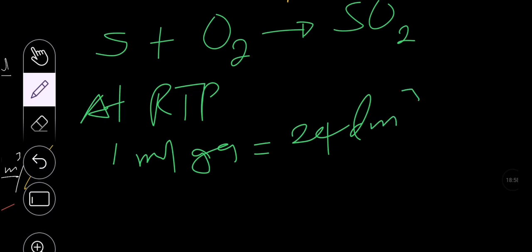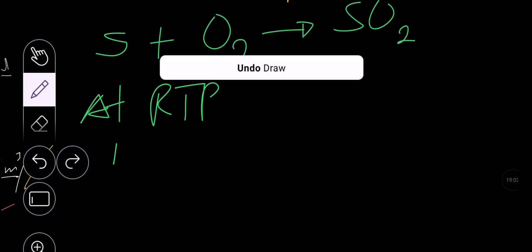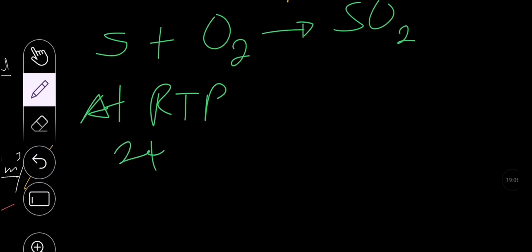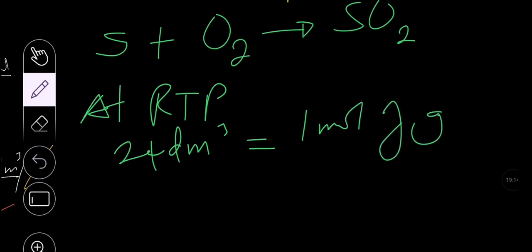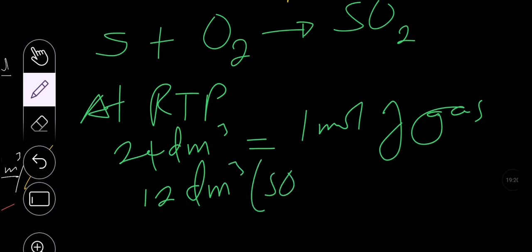Or put it this way: at room temperature and pressure, 24 cubic decimeter is occupied by 1 mole of any gas. How about 12 cubic decimeter of sulfur dioxide? How many moles are occupying this volume?